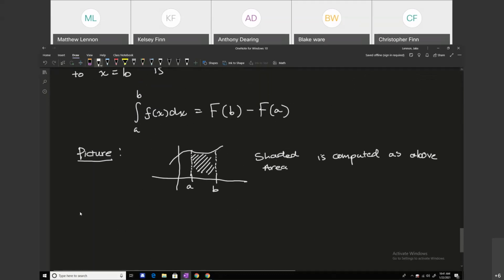So let's recall one of the numbers we did. I'm using Riemann sums, and you can go back and check this because you know how to do the Riemann sum computations.